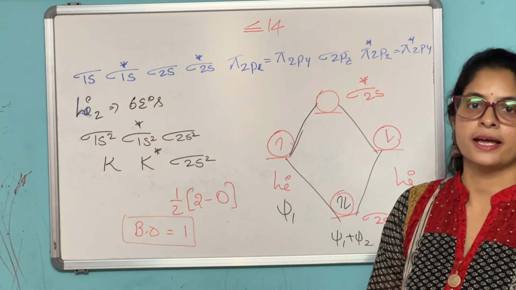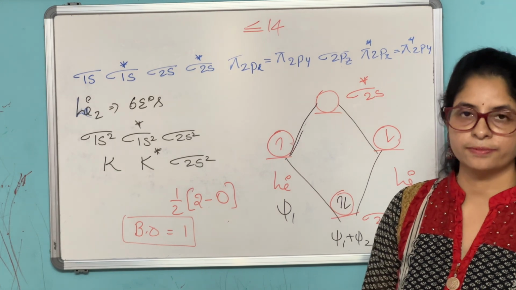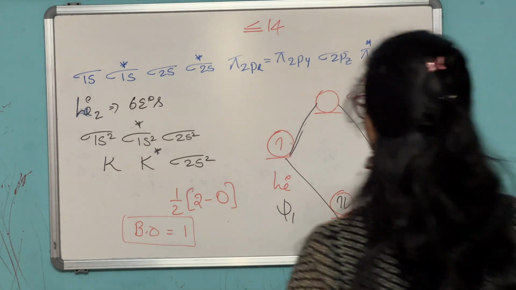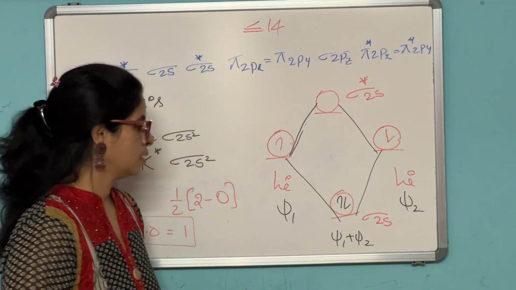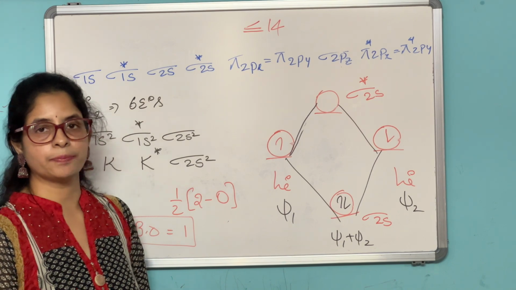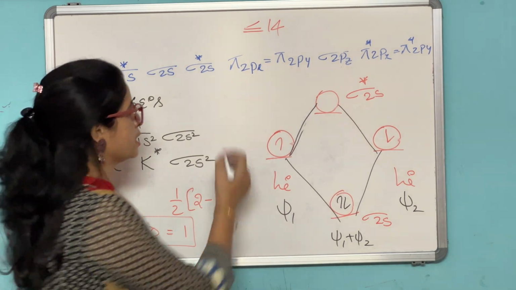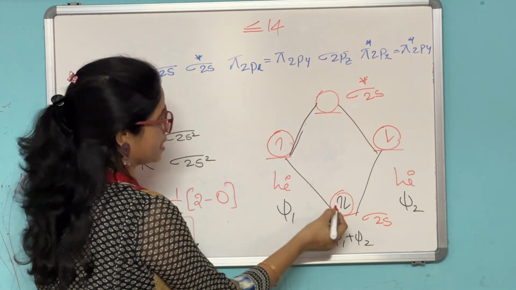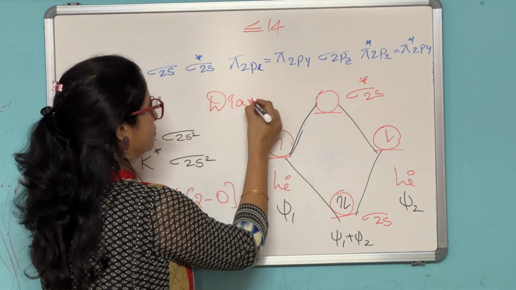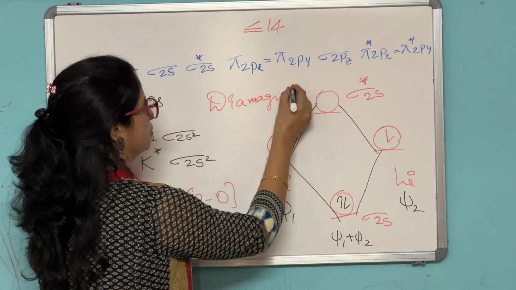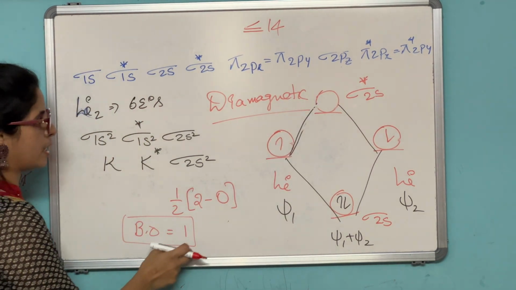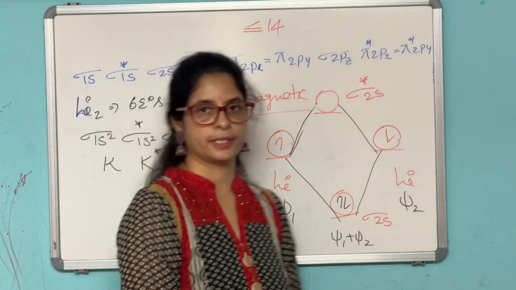Clear? Now what is the magnetic nature? Here there is no unpaired electron, so it is diamagnetic. So Li2 has a bond order of 1 and is diamagnetic.